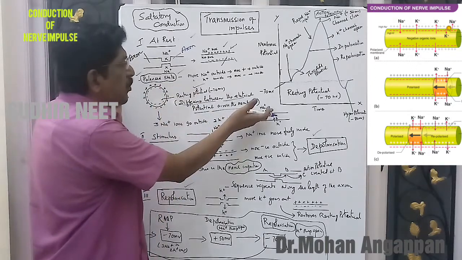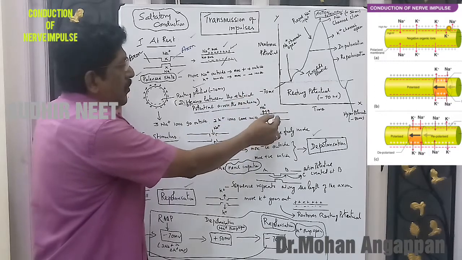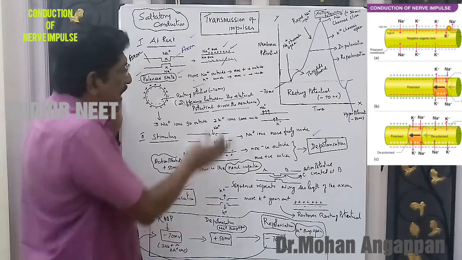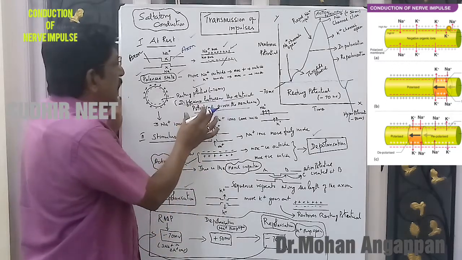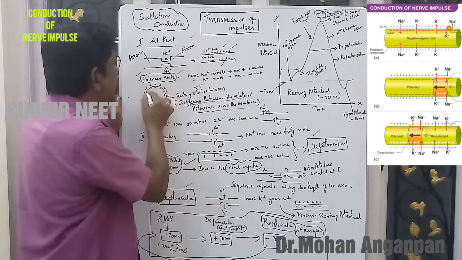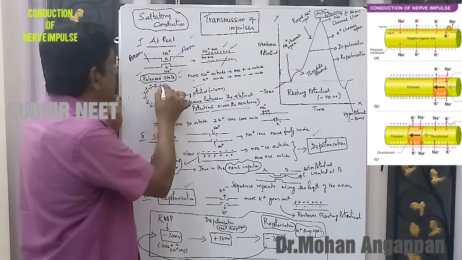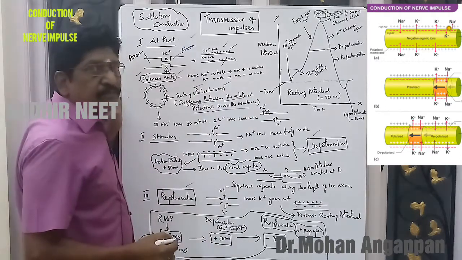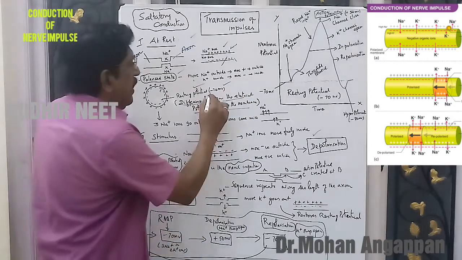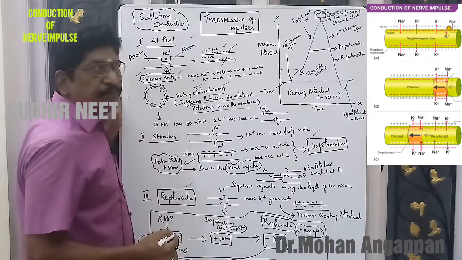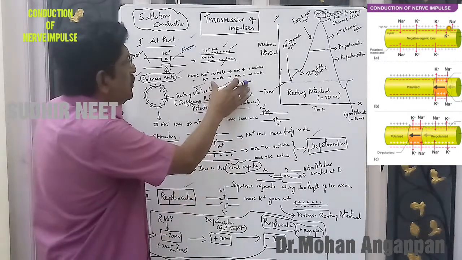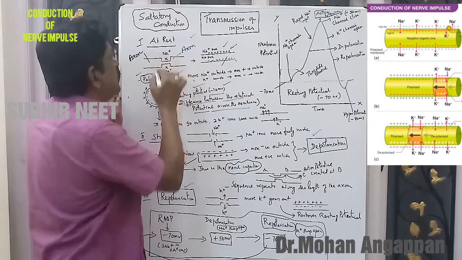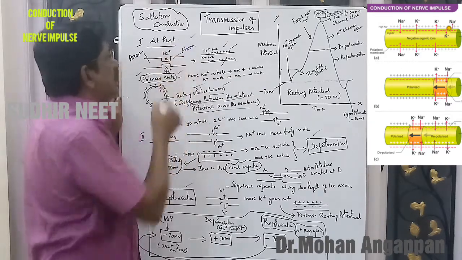That resting potential is minus 70 millivolt. At this stage, the sodium channels are closed. Sodium ions cannot come in.